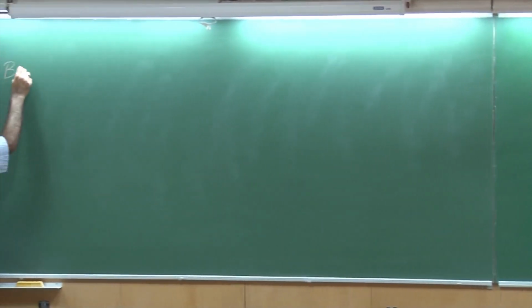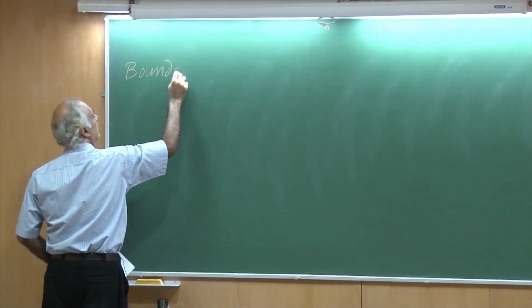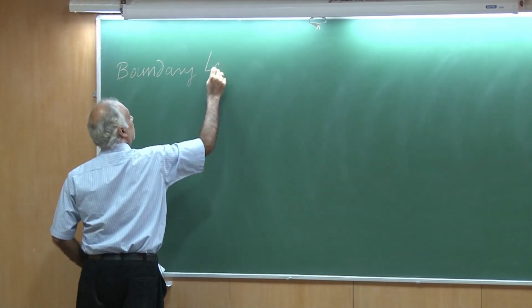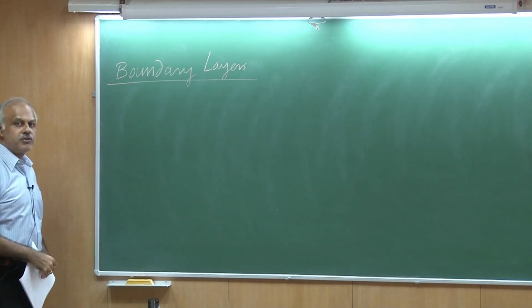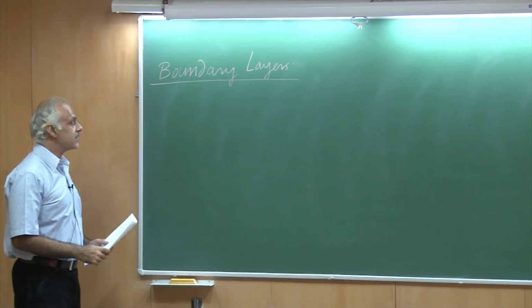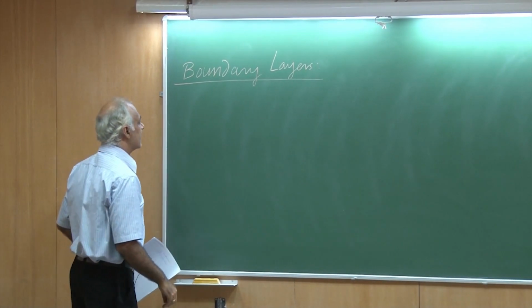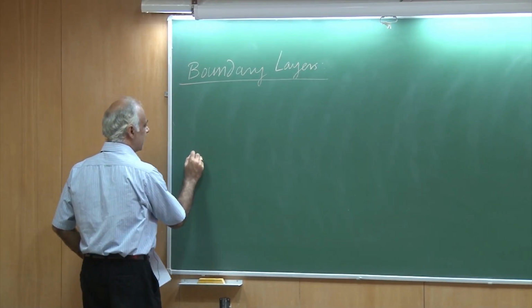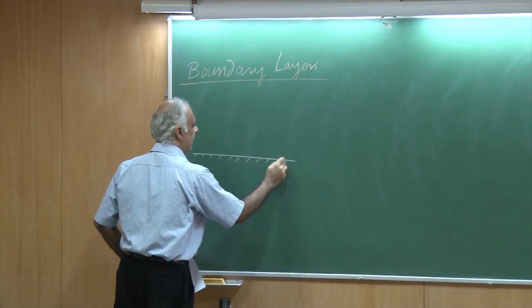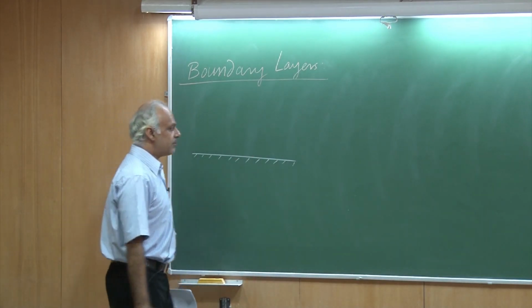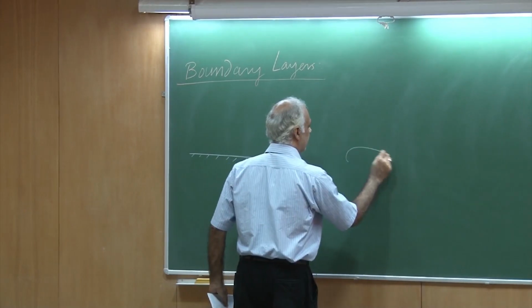So we want to talk about boundary layers. Let me review for you what we studied about this concept of boundary layer. So let me first begin with the example of a flat plate. I'll give you two examples, a flat plate and then an airfoil.